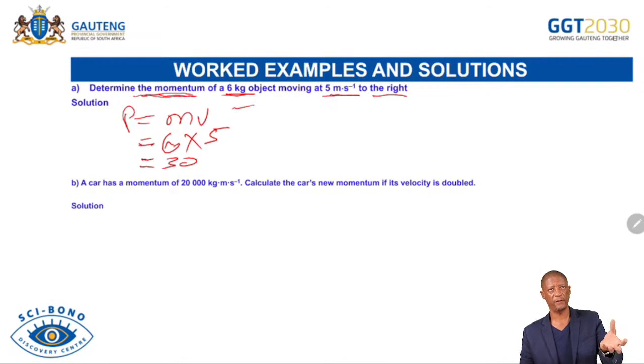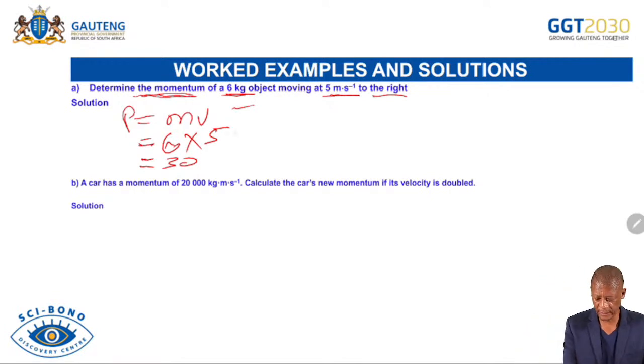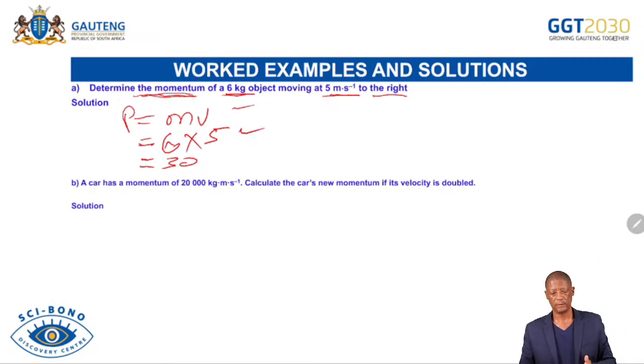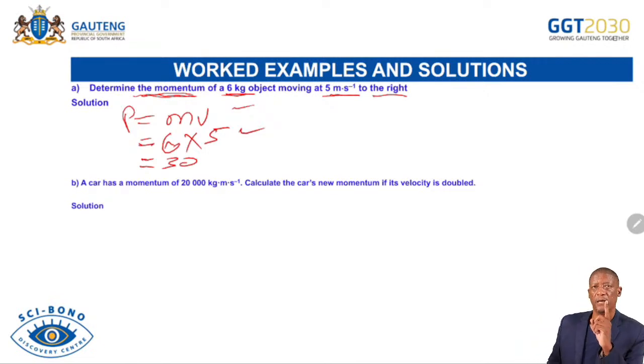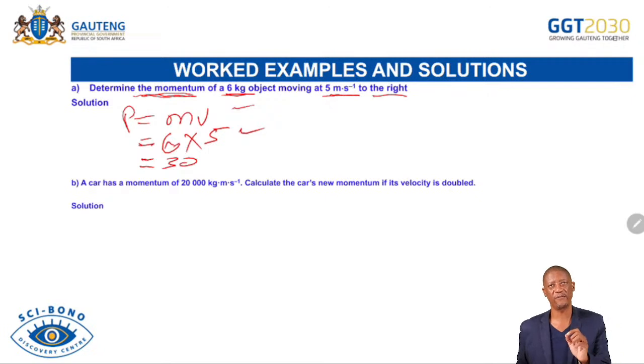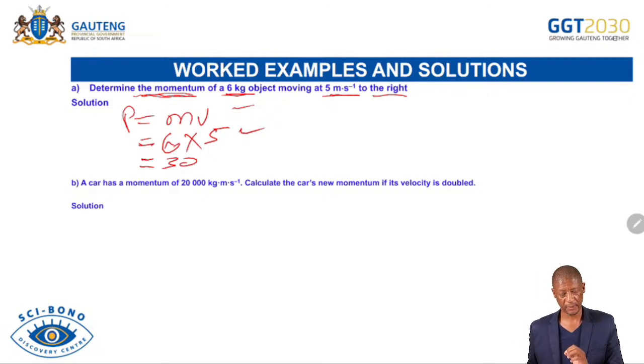I picked up the correct formula. Then I've substituted there according to my data. Then I have the answer. Then I'm done. Remember, we said it. At the end of your calculations, you need to have the SI unit. All right? You need to have the SI unit.